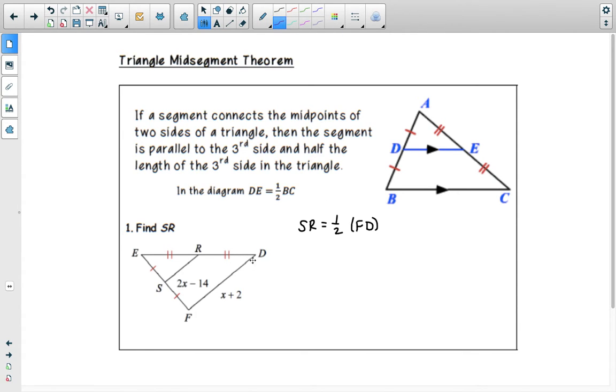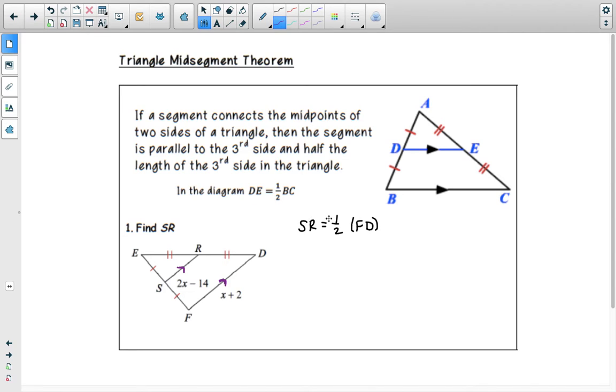Now we also know that the theorem states that segment SR and segment FD will be parallel. That's what these little symbols mean in here. You might also see it as a little arrow inside the line showing that they're parallel. It just means that these lines will never touch. If I were to continue these lines, they will never touch.